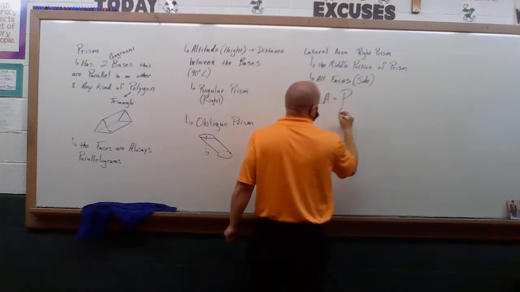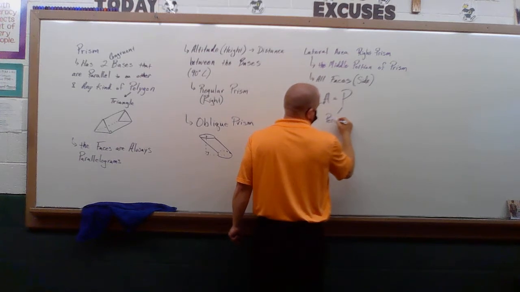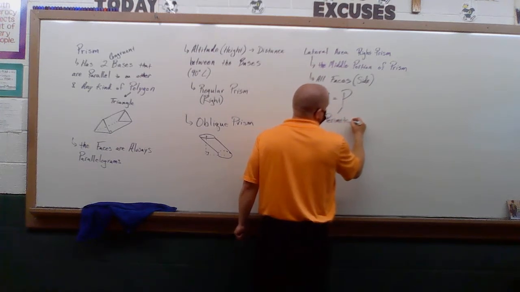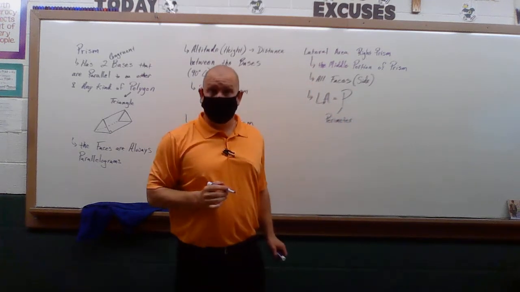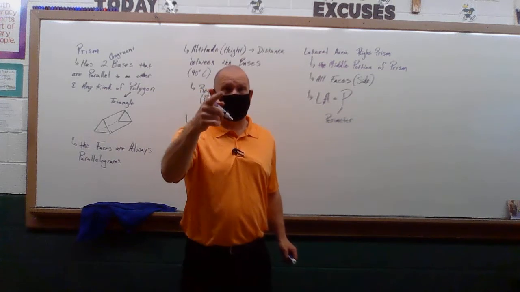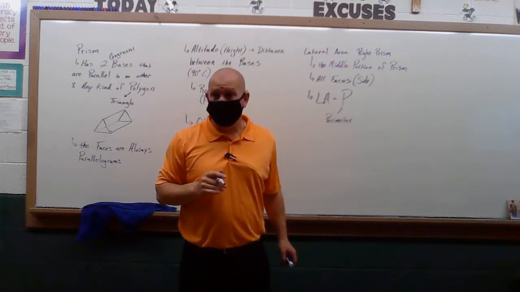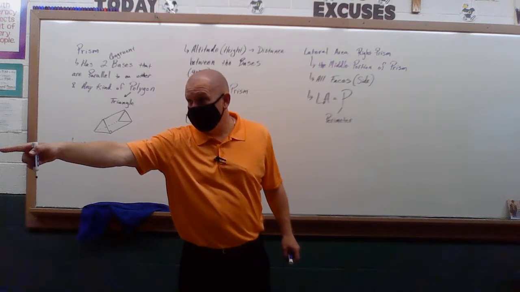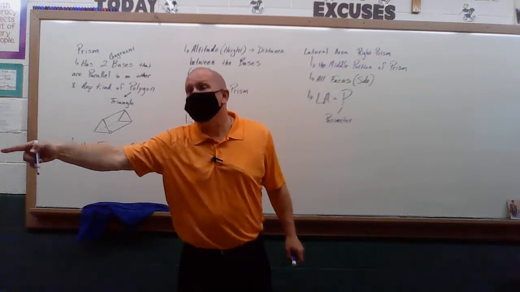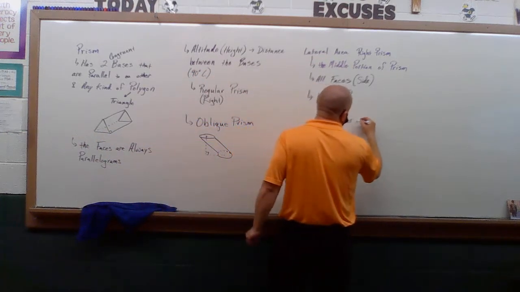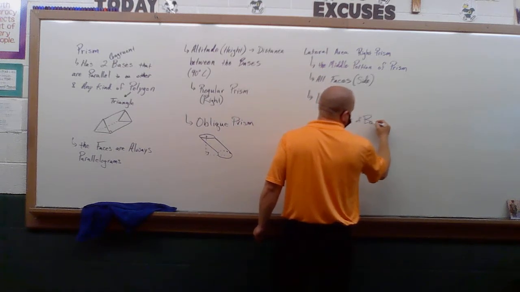Perimeter. But it's the perimeter of what? What am I taking the perimeter of? Okay, but what specific side do I have to take the perimeter of? The bases. So the perimeter of the base.